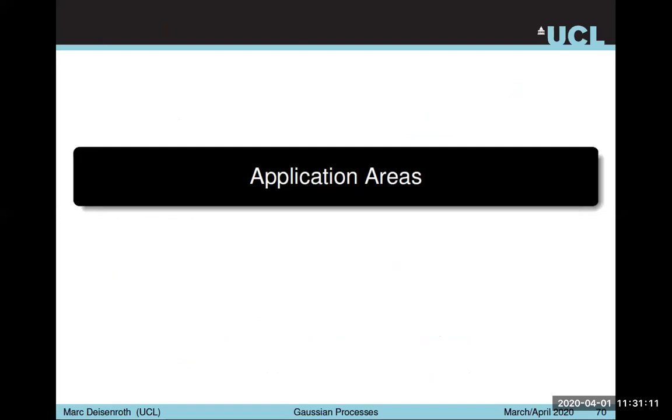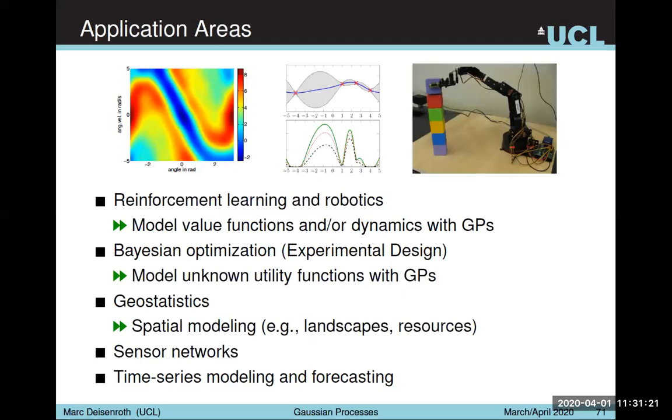I also want to come back towards the end to some application areas where Gaussian processes are useful. Gaussian processes are used in reinforcement learning and in robotics, for example, to model value functions or transition models with Gaussian processes. Have you had a session on reinforcement learning already?